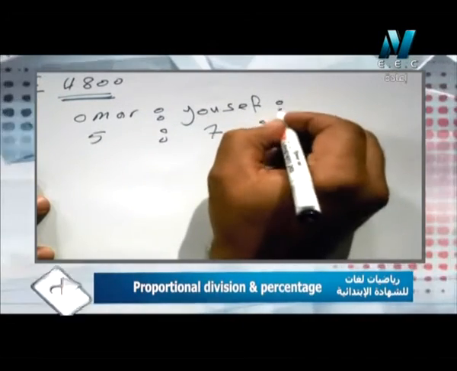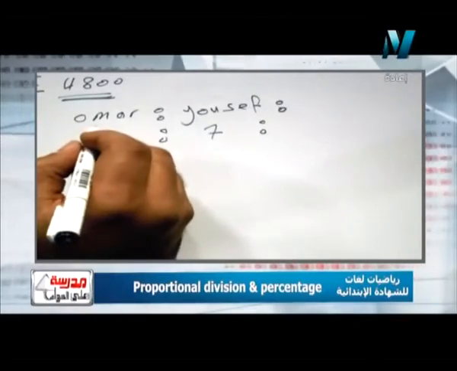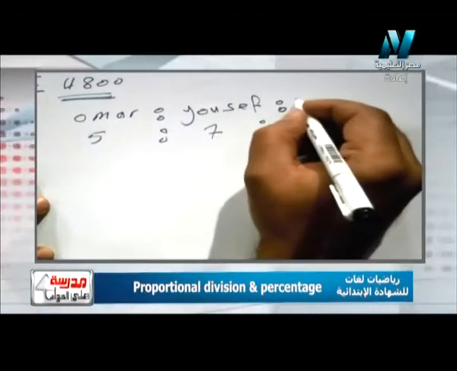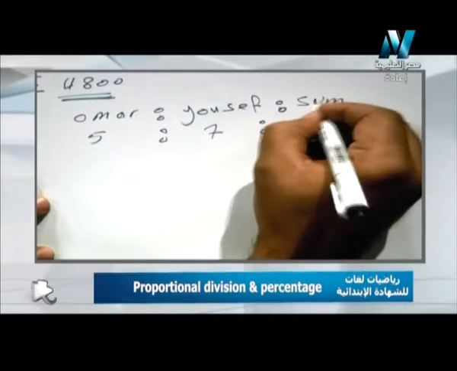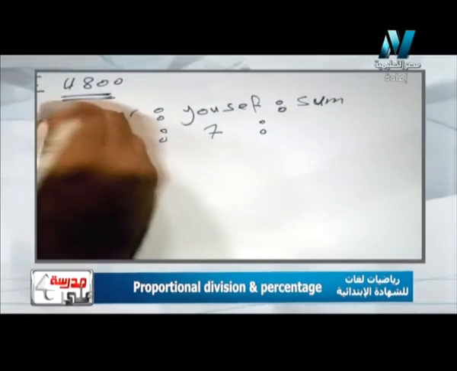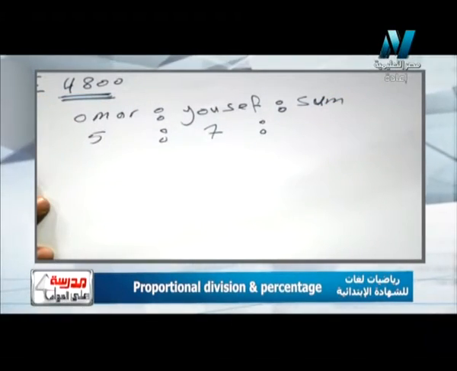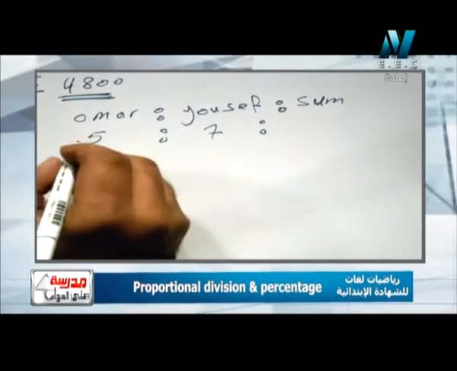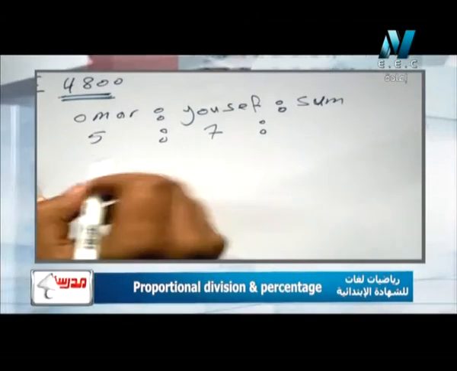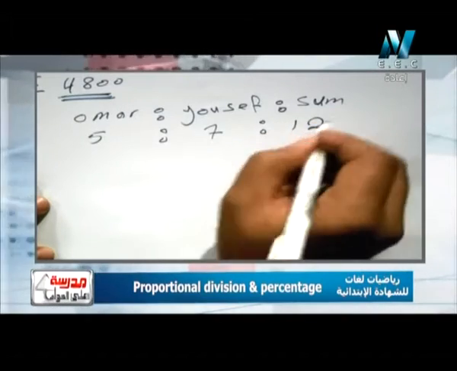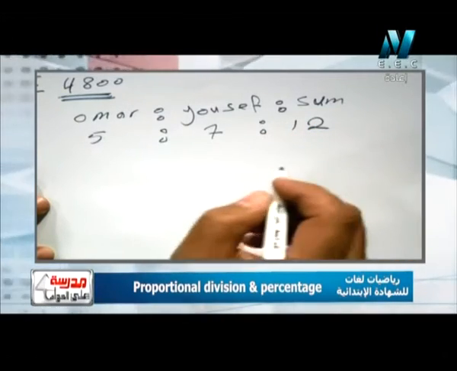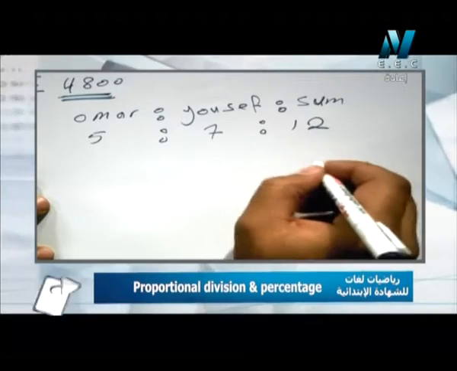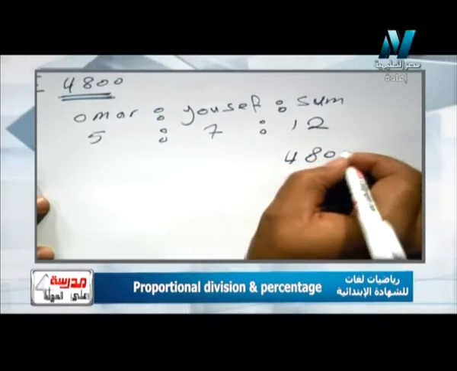First we write Omar to Yusuf to sum. Why sum? Because we have the total amount of money, 4,800. Just add 5 plus 7 equals 12, and write 4,800.